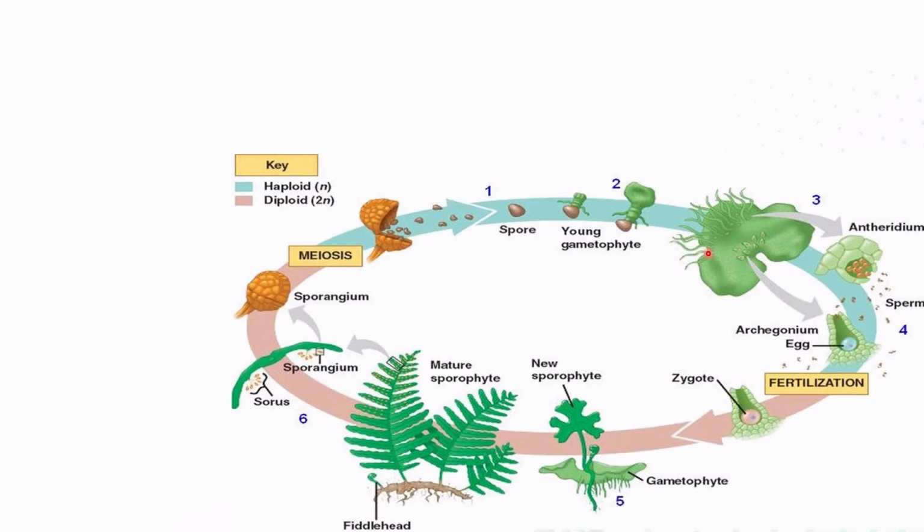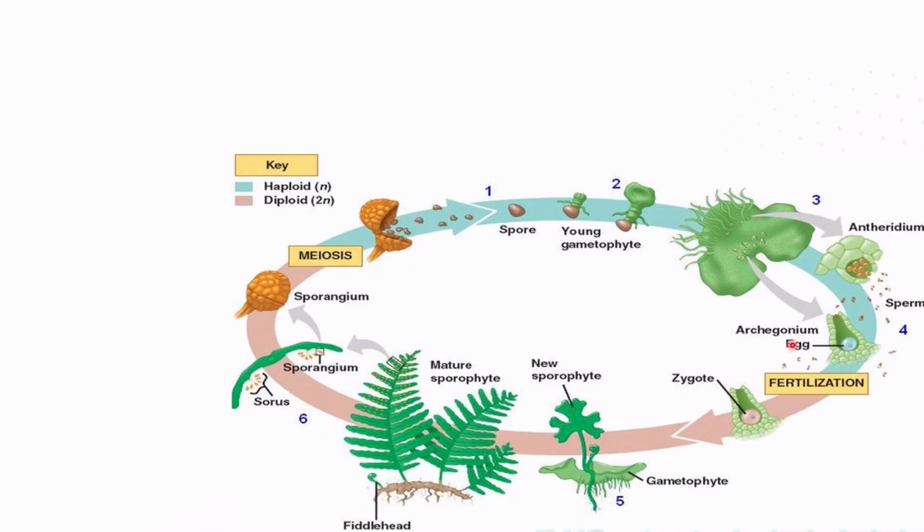This mature gametophyte contains antheridia like this. These antheridia contain sperms, in our language male gametes. When they are produced fully, the sperms are released into water.